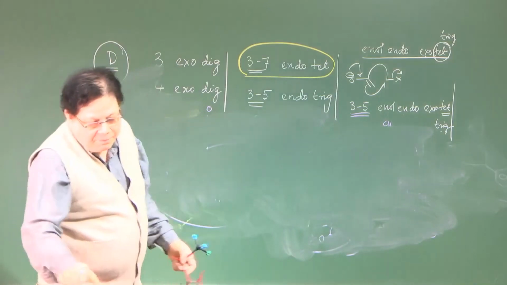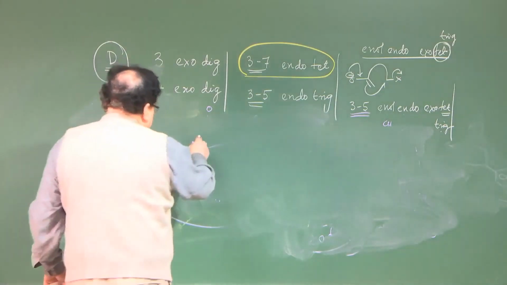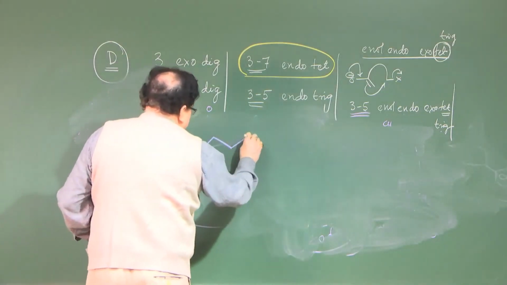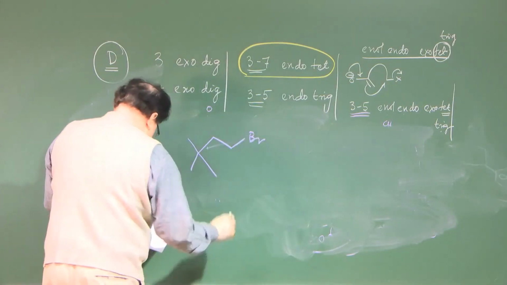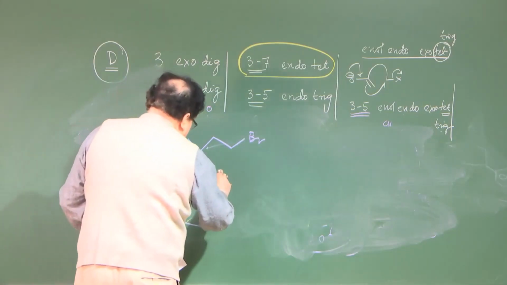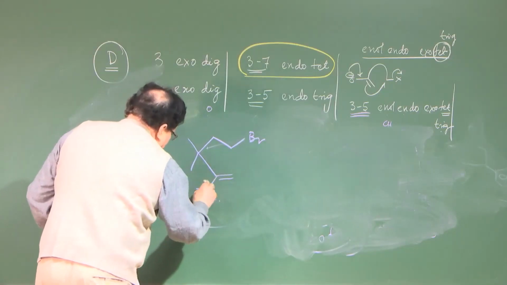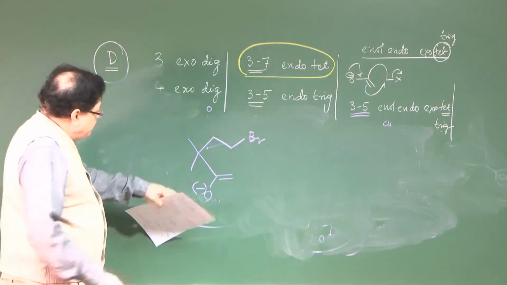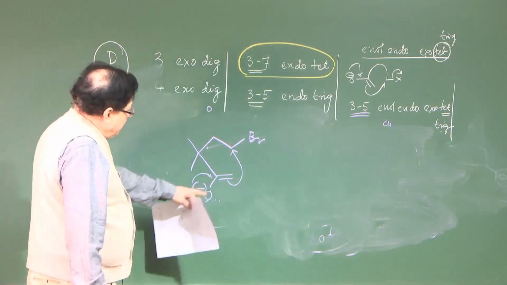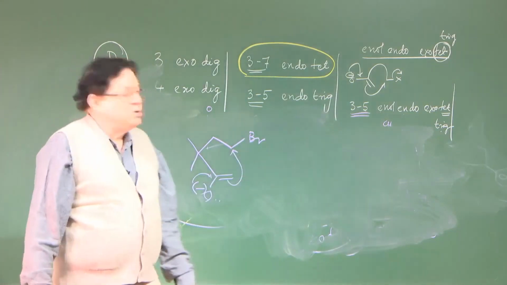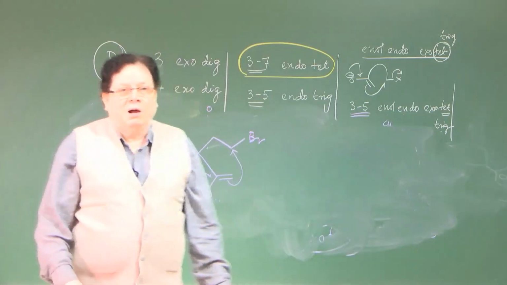The other type of example that I have is this one. I think we discussed this last time, that if I try to do this cyclization, this is nothing but a 5 enol endo exo tet. What was written here? 5 enol endo exo tet is not an allowed process. Okay.